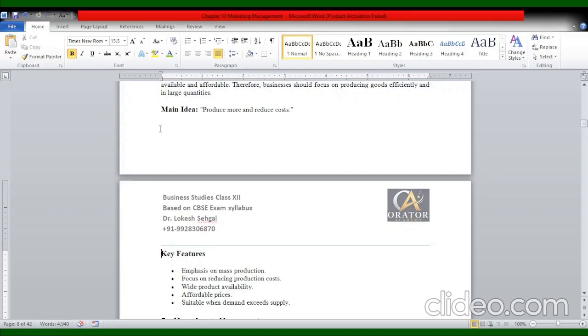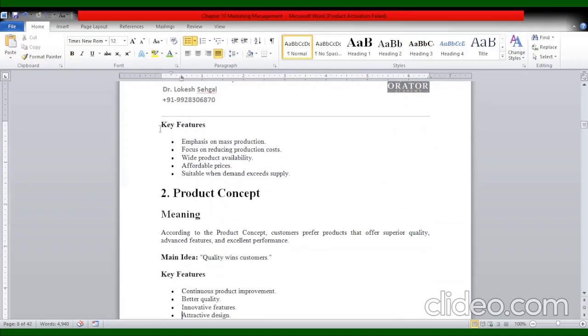With the passage of time, they focus on reducing the cost and making the product largely available in the market so that customers can buy from any point of sale. Demand is higher, and supply will be met accordingly. So this is a very important production concept that the company must follow.